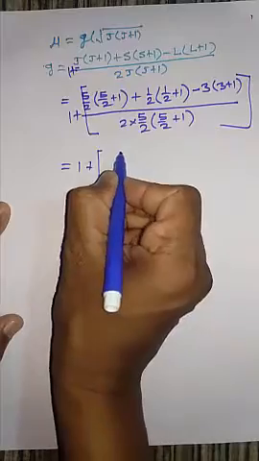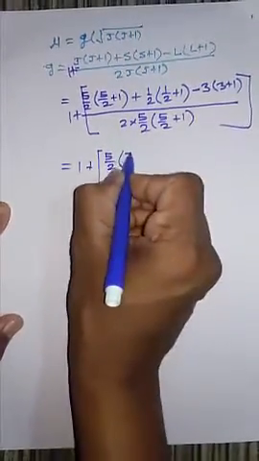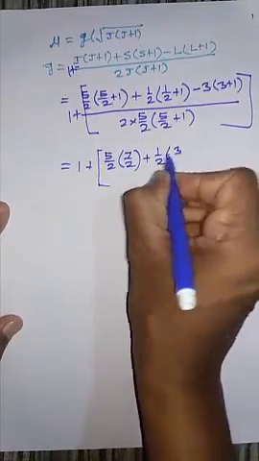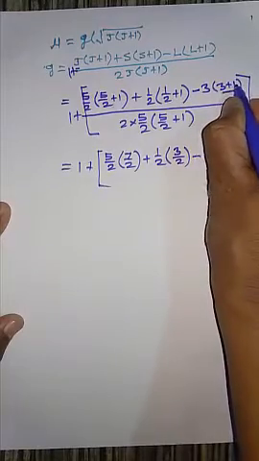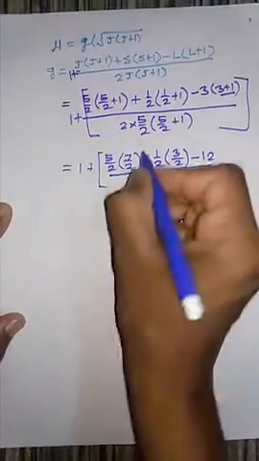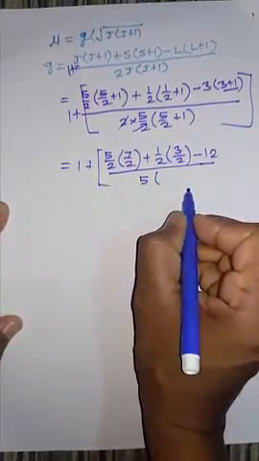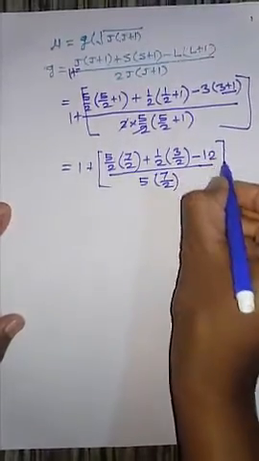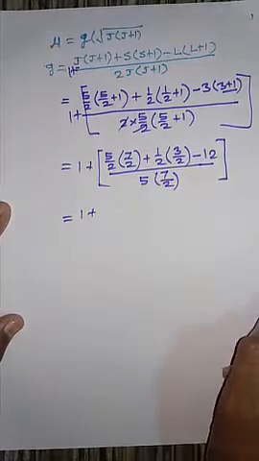If we solve this first bracket, we get 5 by 2 as it is, then 7 by 2 plus 1 by 2 into 3 by 2, minus 3 into 3 plus 1, that is 4, and 4 into 3 is 12, all divided by 2, which gets cancelled, and here 5 into 7 by 2 when simplified. Now we simplify and solve this.